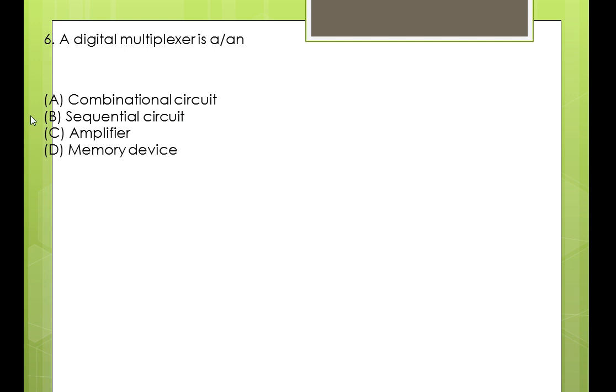An amplifier is just used to strengthen the weak signal, and option D, the memory device, is used to store information. So the digital multiplexer is a combinational circuit. So the answer is combinational circuit. Next question is, an 8086 has how many number of flags?